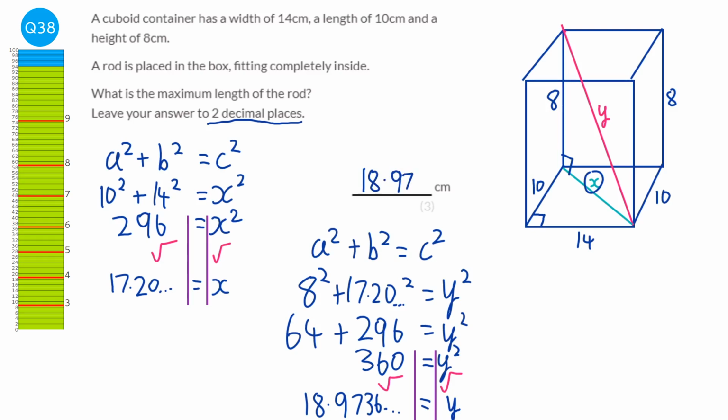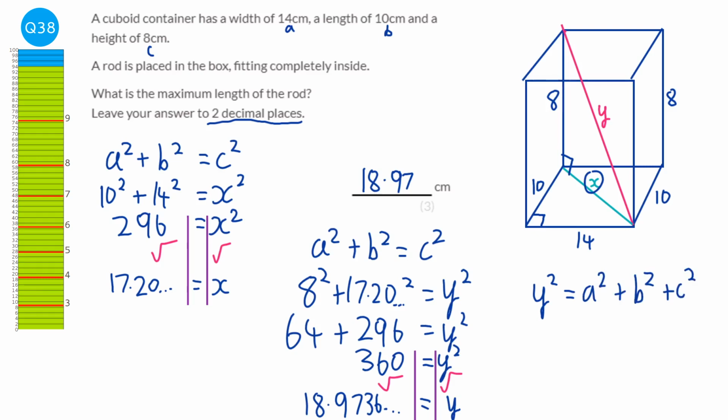Now a different way we could have done this is we could have worked out y straight away by working out the, like, I don't know what to call them. I'm gonna label them A, B, and C. So A, B, and C. And what you can do is you can do the y squared equals a squared plus b squared plus c squared.